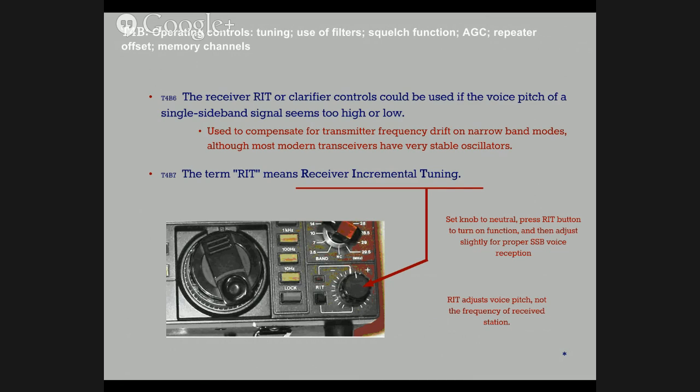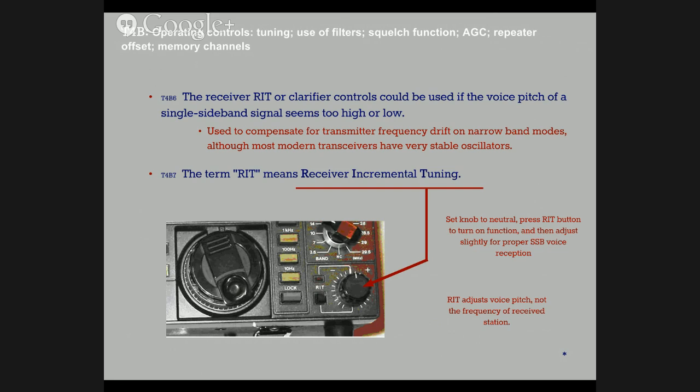Radios, this isn't very common now, but generally multiband and HF radios do all have a RIT control, sometimes called a clarifier. It means receiver incremental tuning or receiver independent tuning. The test will ask you for the exact term, and that's how it's defined by Part 97, receiver incremental tuning.